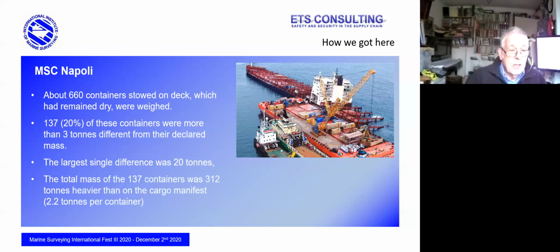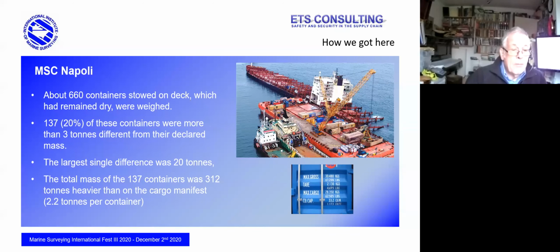As you can see, when the Napoli was grounded off the south coast of England, they recovered with great difficulty 660 containers stowed on deck, which remained dry, and they were weighed.